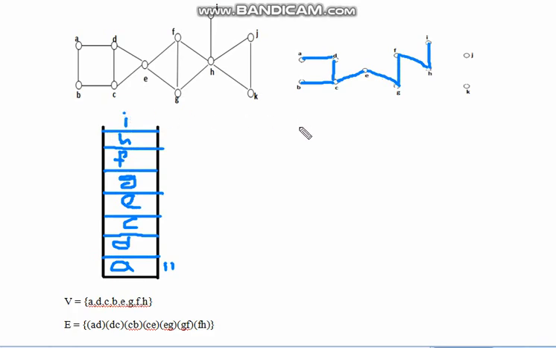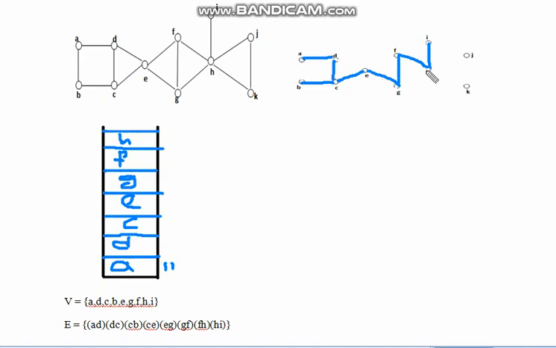Now I add the visited vertex I to the vertex set, and the edge is H to I. Now from I there are no adjacent non-visited vertices, so backtrack from I to H. That means I pop the top element of the stack, I, erasing it, and then the top element is H.